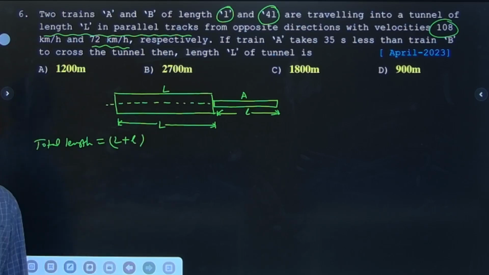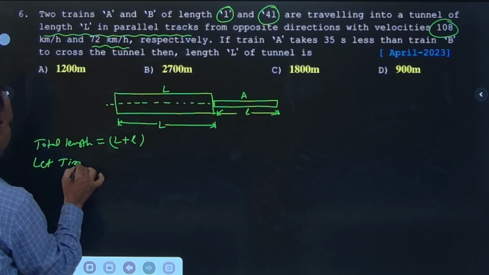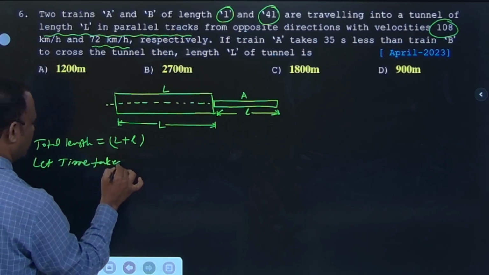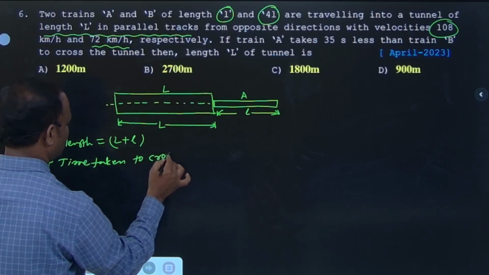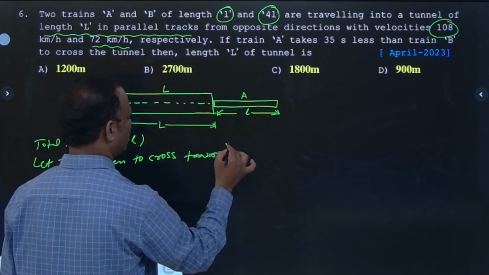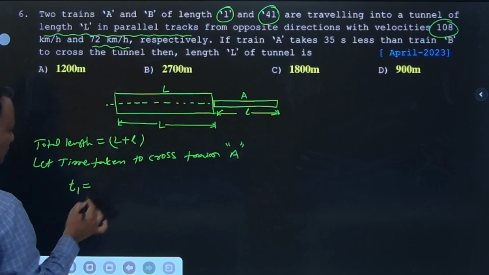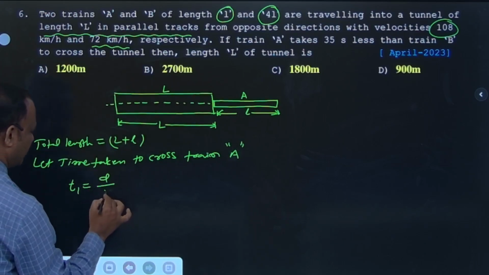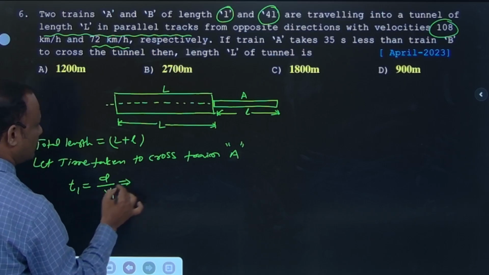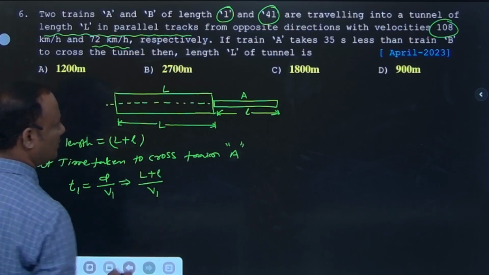Let the time taken to cross for train A be T1. Time is distance by velocity, so T1 equals (L plus l) by V1.